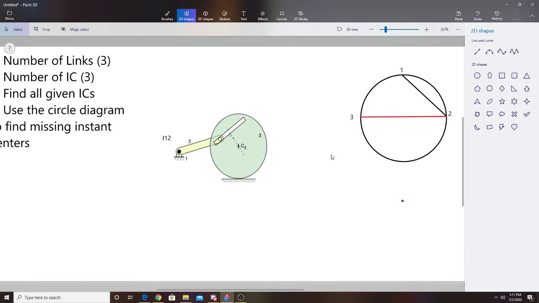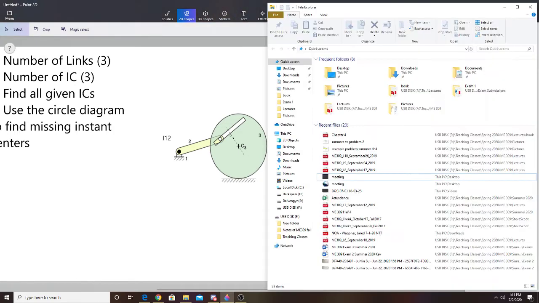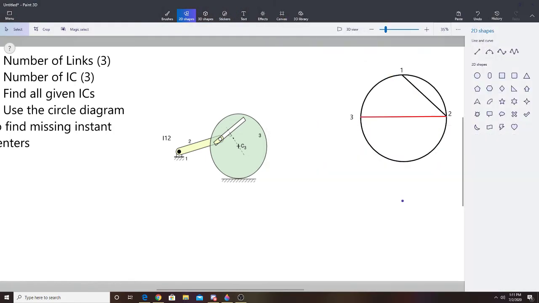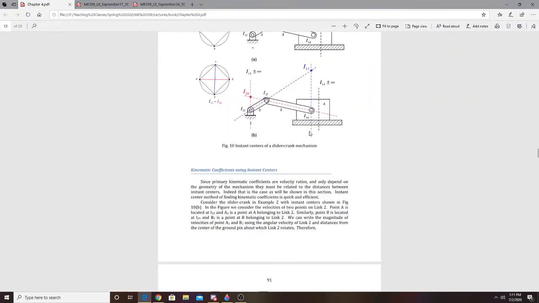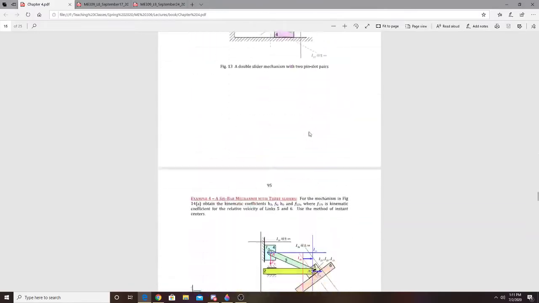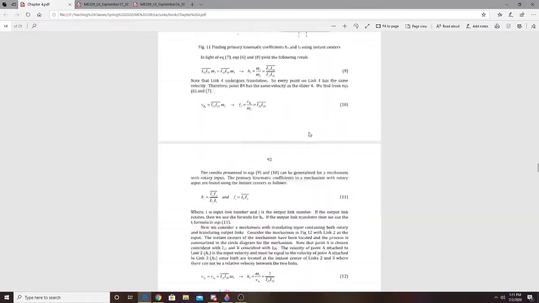Now, be careful here. I will caution you here because there is something which I will pull up in a second. Where is it located?